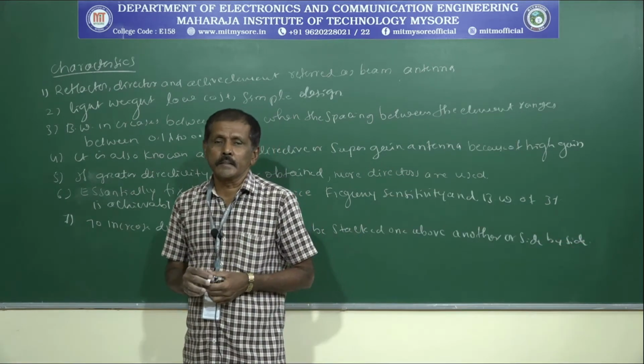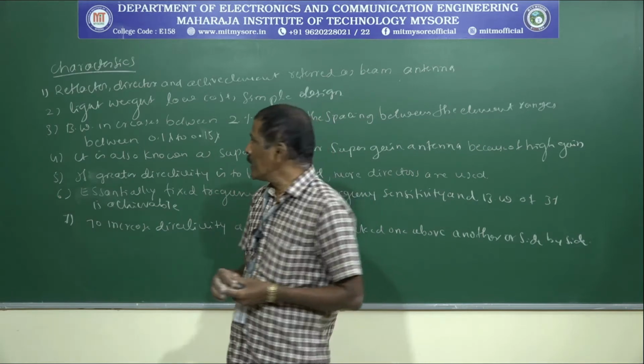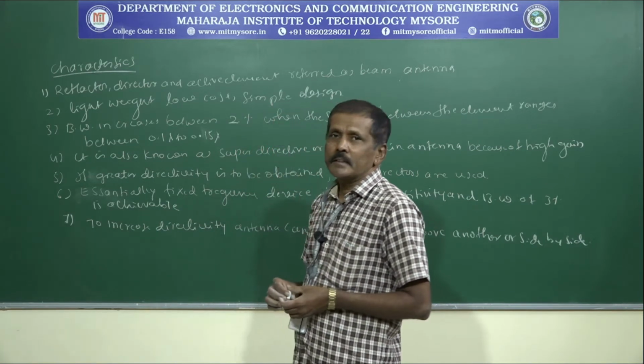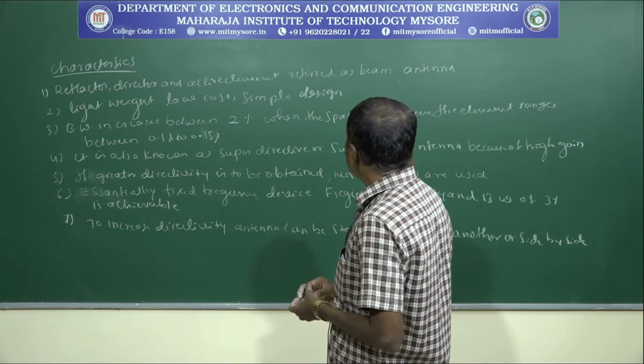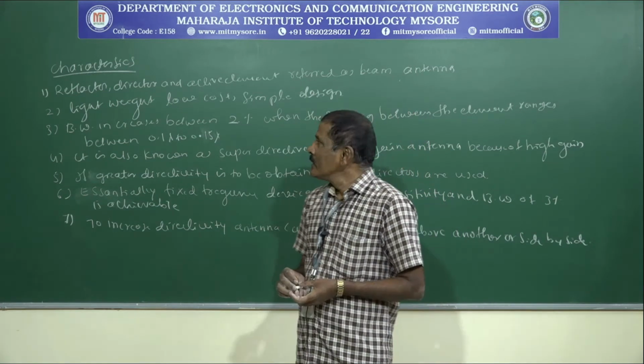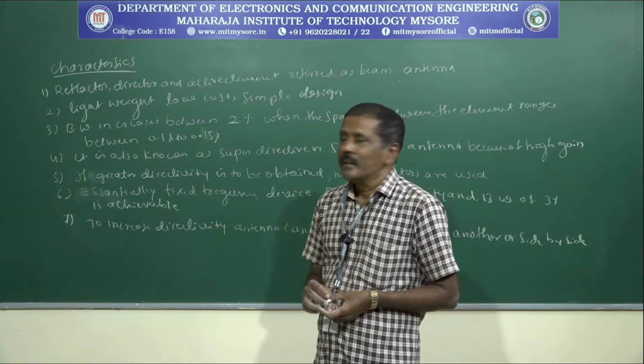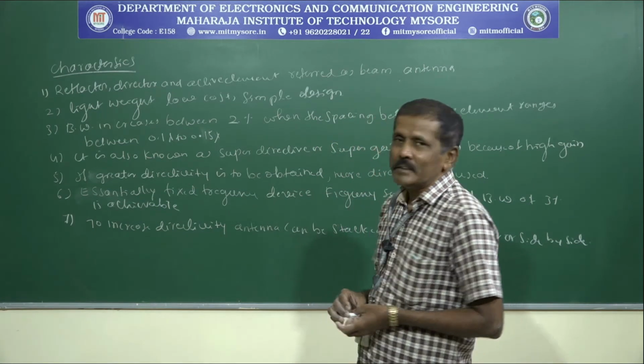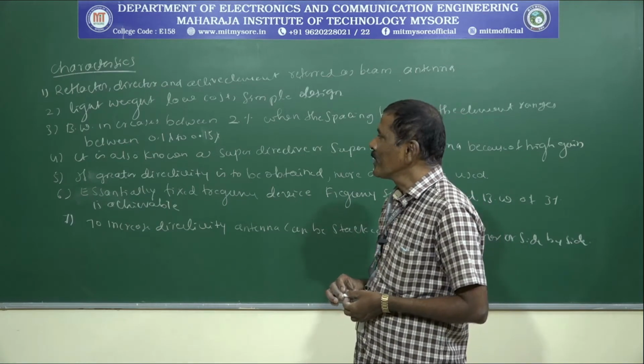Some of the characteristics of the Yagi-Uda antenna are: reflectors, directors and active elements are referred to as a beam antenna. Second, it has a lightweight, low cost and simple design.